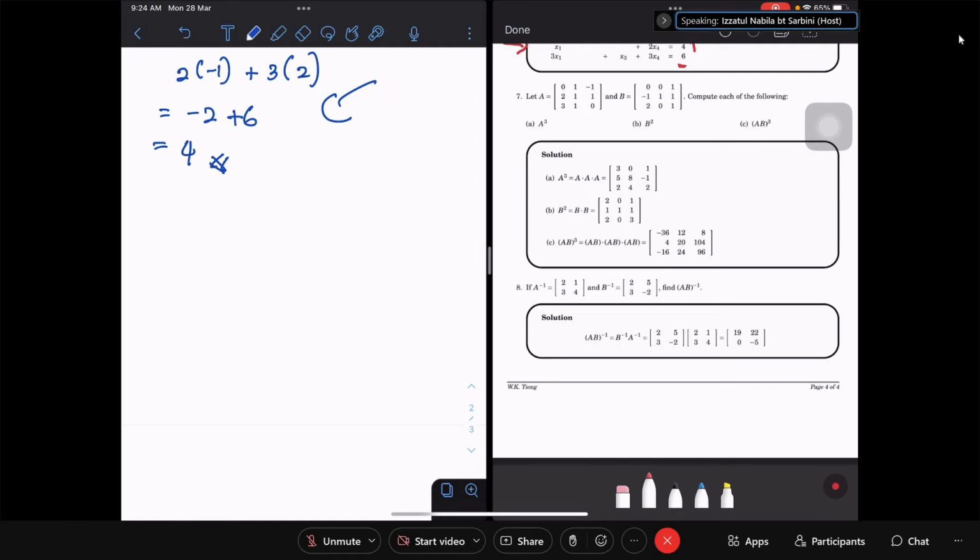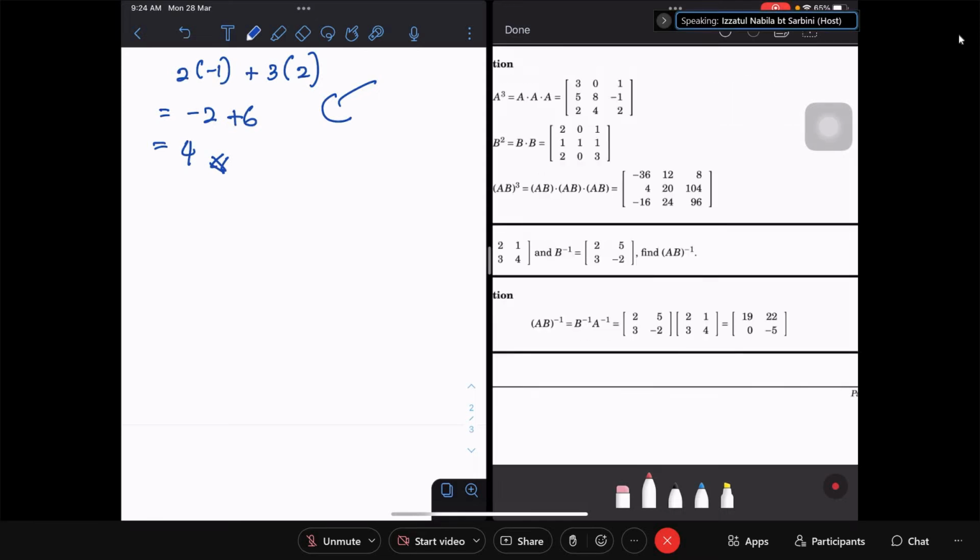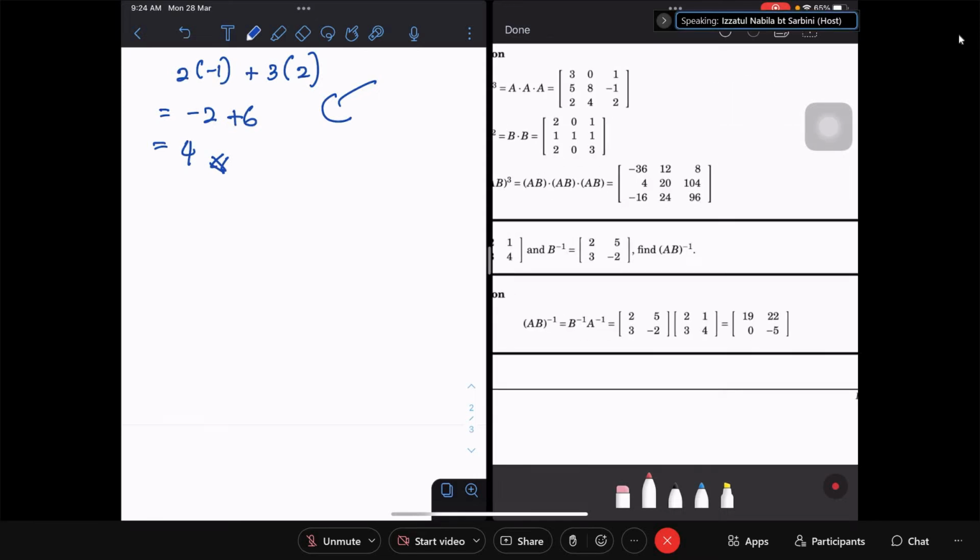So from the properties of inverse, AB inverse is equal to B inverse times A inverse. So as long as you know this property, you just multiply B inverse times A inverse. So you get 19, 22, 0, and negative 5.